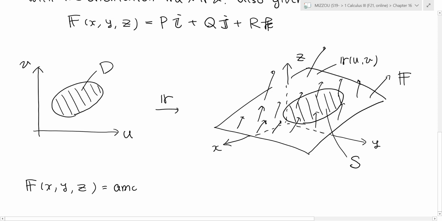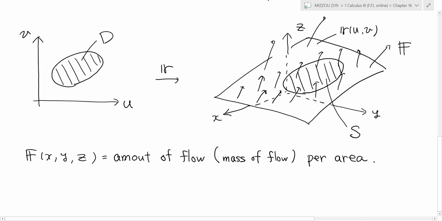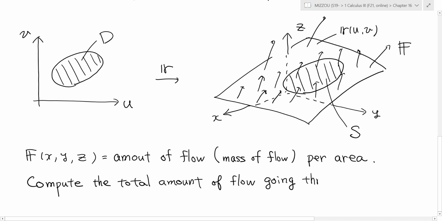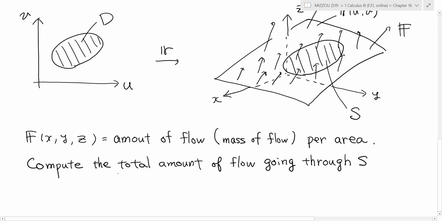Then the question is this: compute the total amount of flow going through this portion of the surface, S. And this total amount of flow is often called flux.